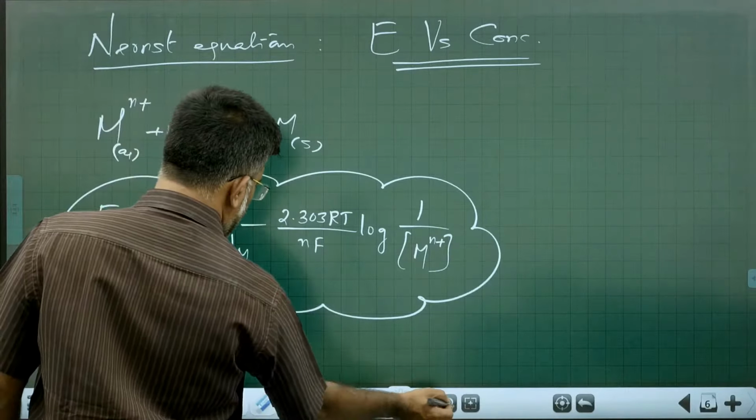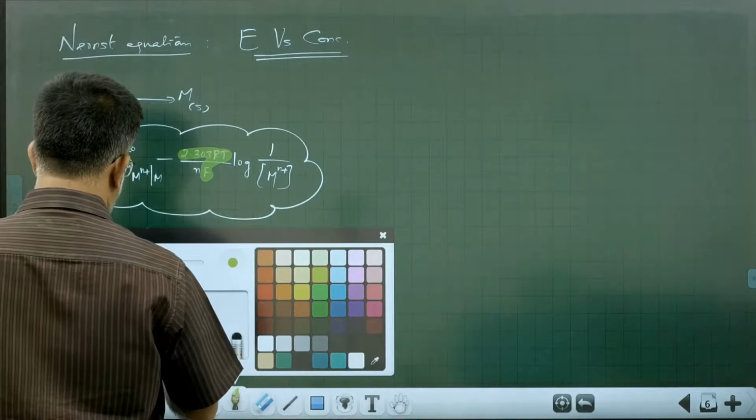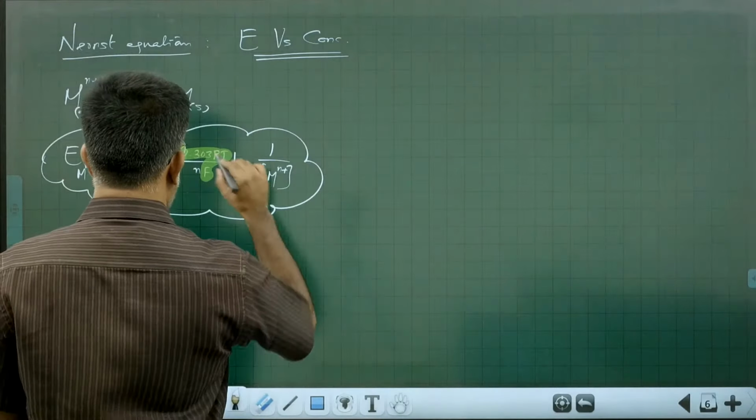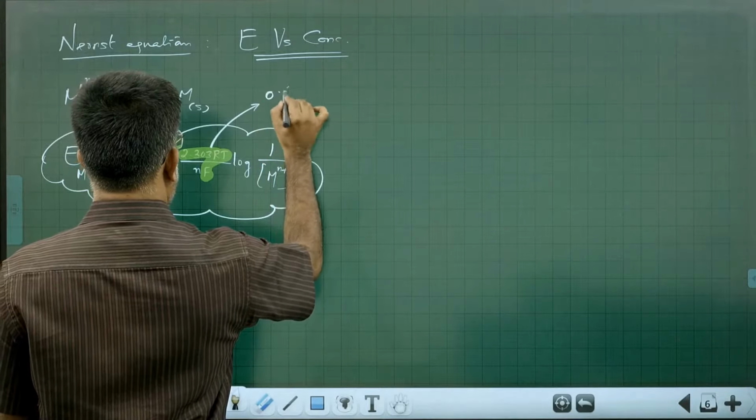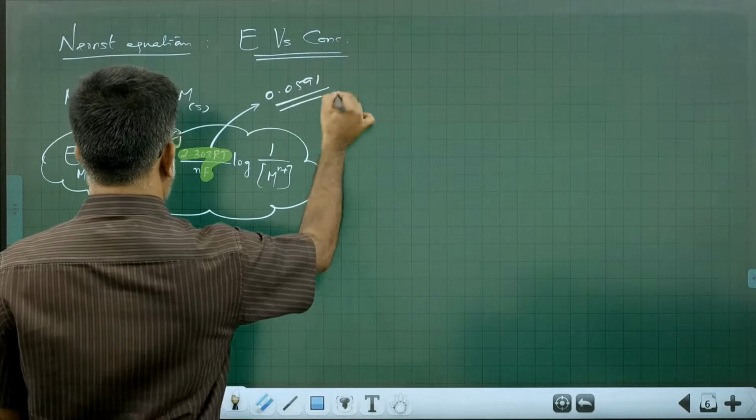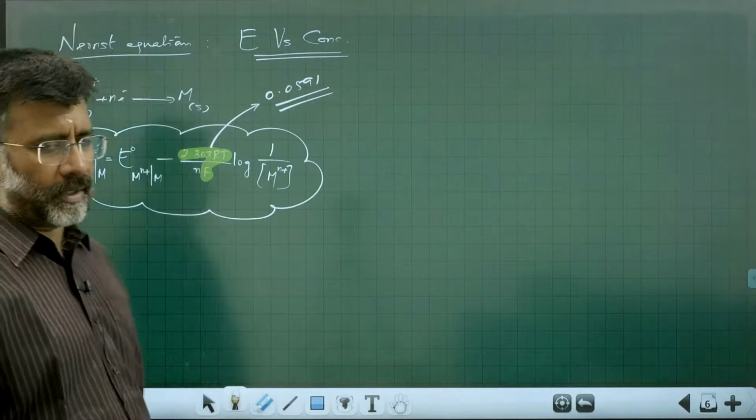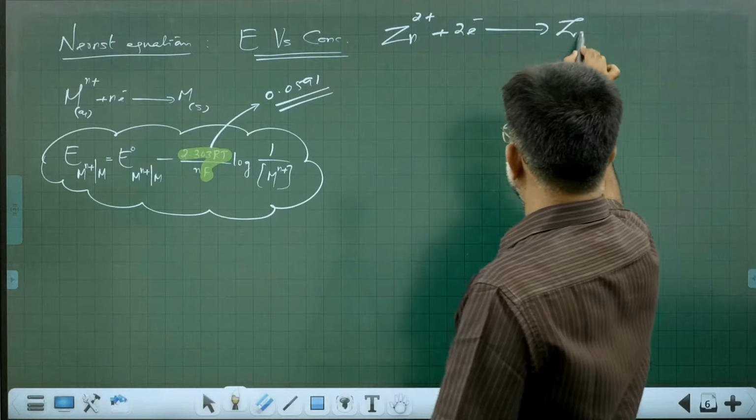You can simplify 2.303RT/F and write it as 0.0591 by substituting the standard constant values. So suppose we are writing the reaction Zn2+ plus 2 electrons giving Zn.